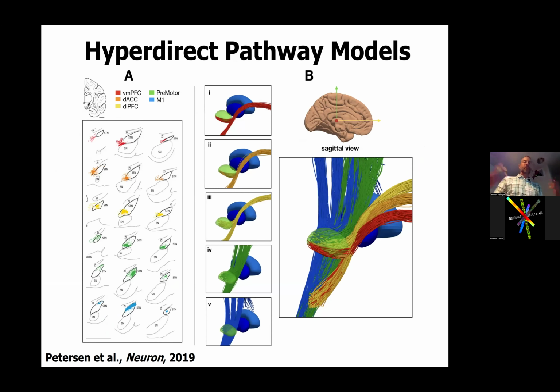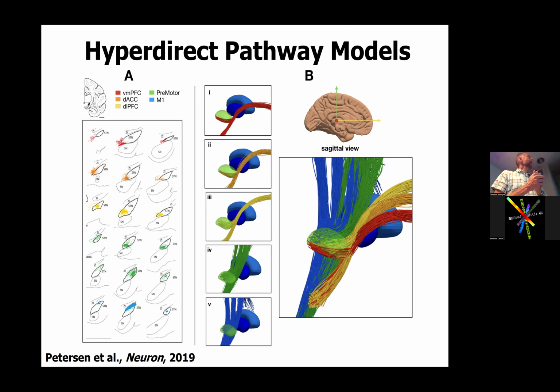One of the key parts of making that model was the hyperdirect pathway and its inputs into the subthalamic nucleus, right? By this time, the late 2010s, we already knew the hyperdirect pathway was a key element of therapeutic deep brain stimulation.